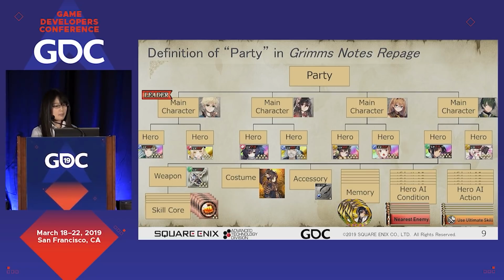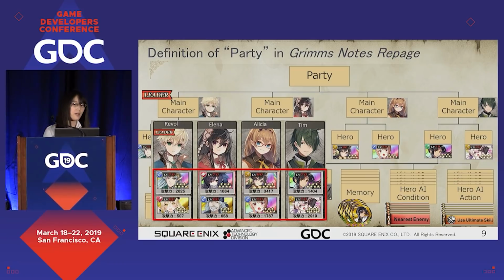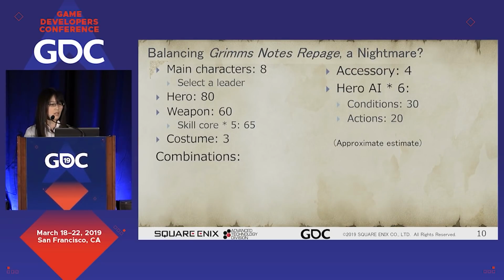Until now, I explained how to configure a hero. Eventually, a party is built by 8 heroes like this figure. So I think you start to understand why balancing Grimms Notes is a nightmare.